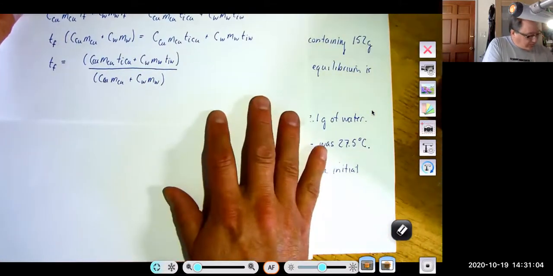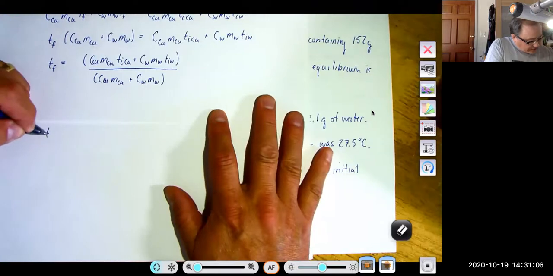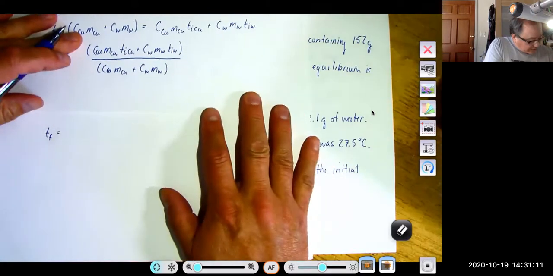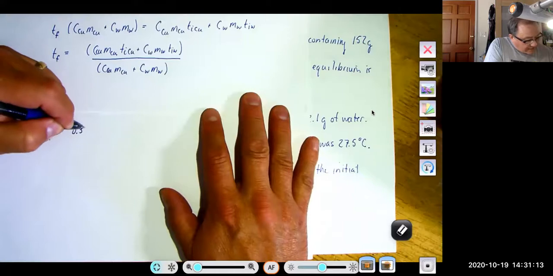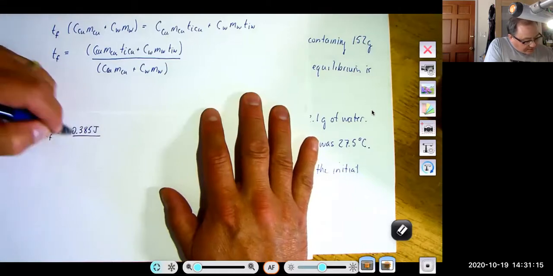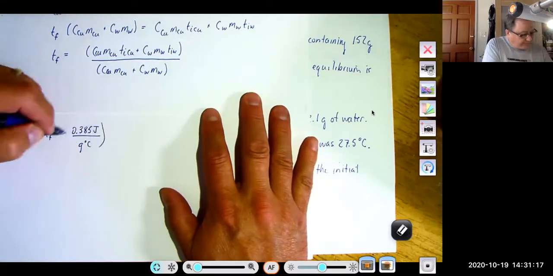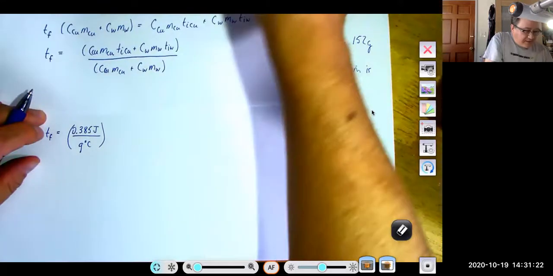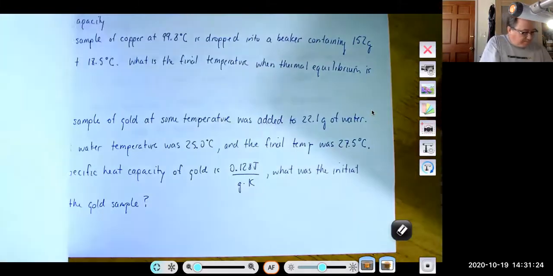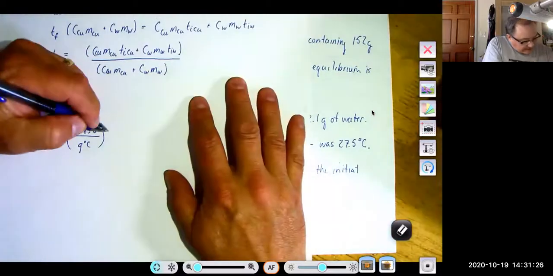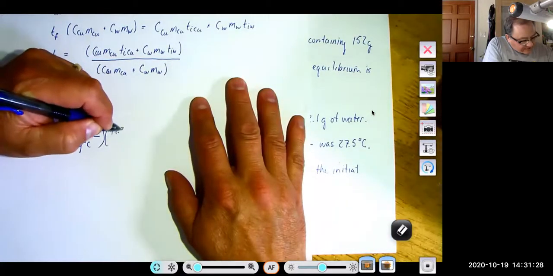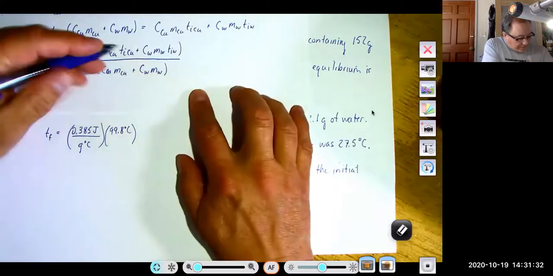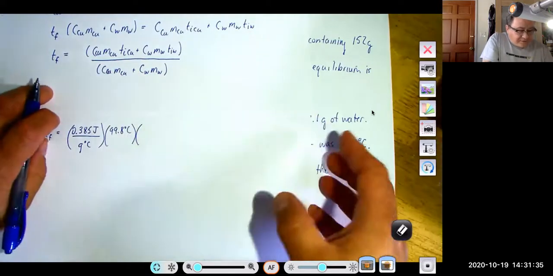So let's see, do I have these values? Well, the specific heat capacity of the copper is 0.385 joules per gram degree Celsius. The initial temperature of the copper was 99.8, I believe. Yep, 99.8 degrees Celsius. The mass of the copper was 152 grams.